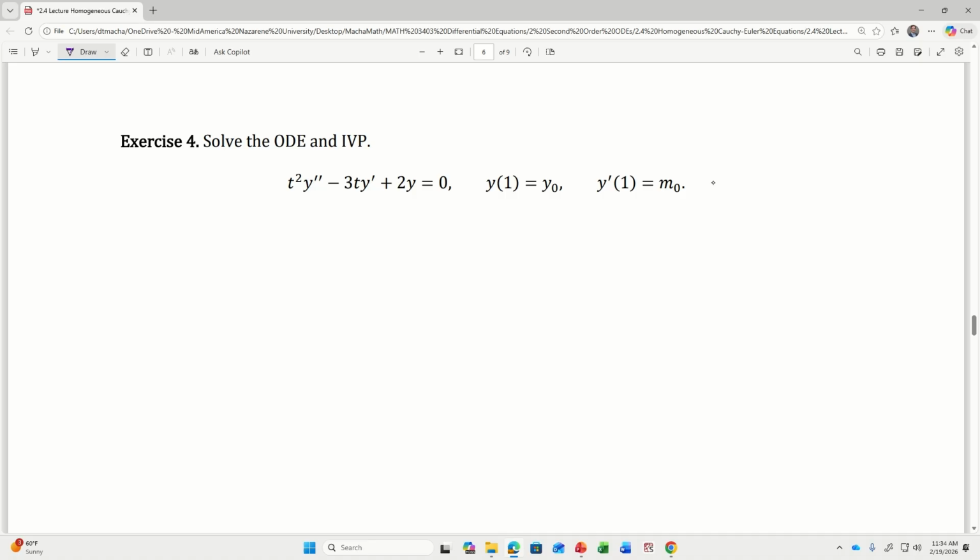But the characteristic equation for a Cauchy-Euler equation is actually a r squared plus (b minus a) r plus c equals 0. And so what I really should be writing for my characteristic equation is r squared plus negative 3 minus 1 r plus 2 equals 0.